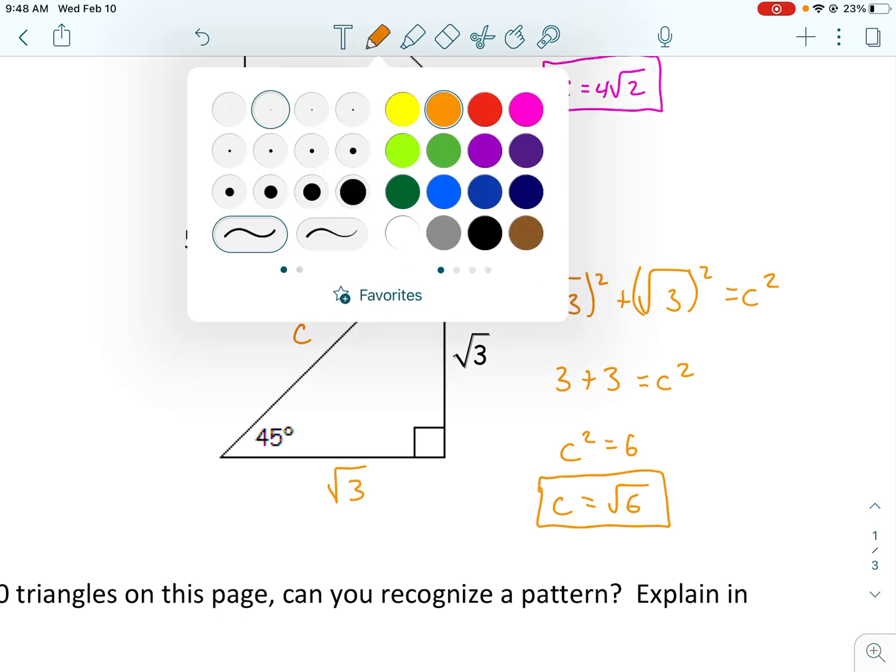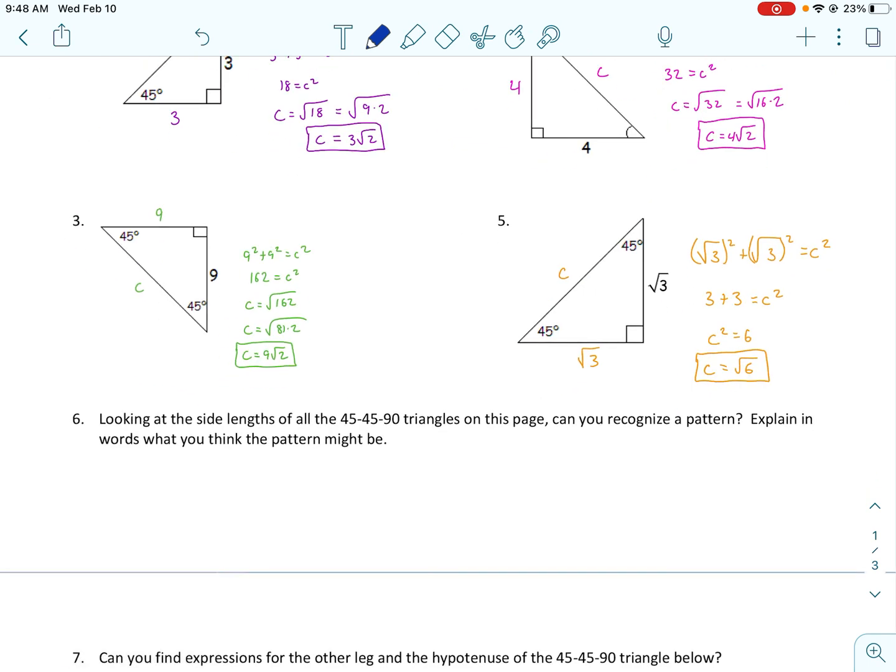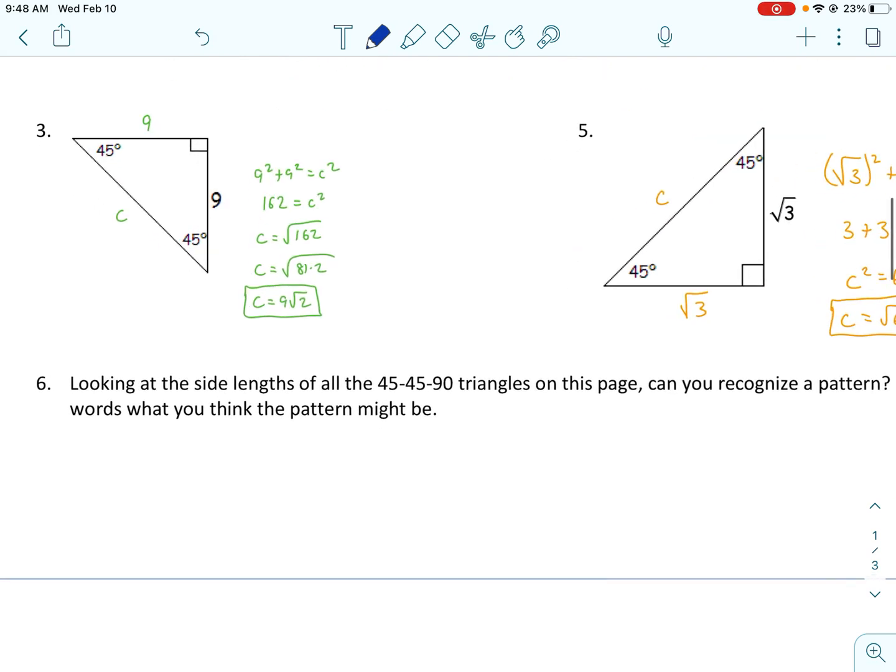Now, for something later on, actually, let's go later on first. It says, looking at the side lengths of all the 45, 45, 90 triangles on this page, can you recognize a pattern? Well, I guess we know two things here. The legs are congruent because it's a 45, 45 triangle. The legs are congruent.